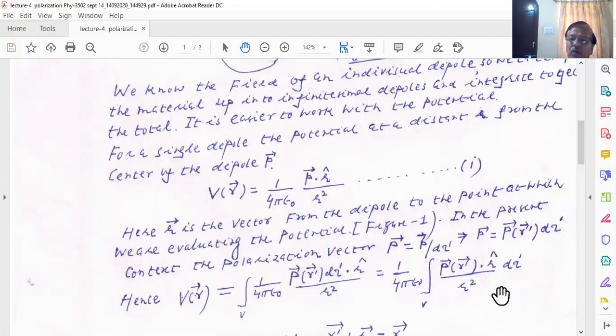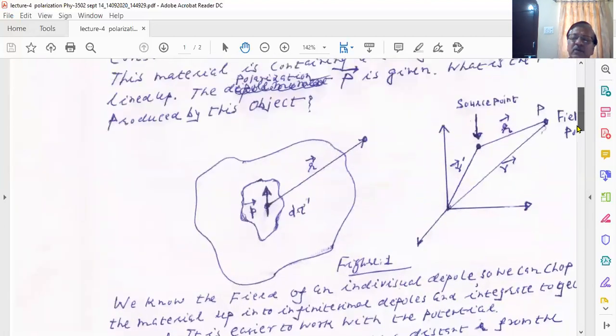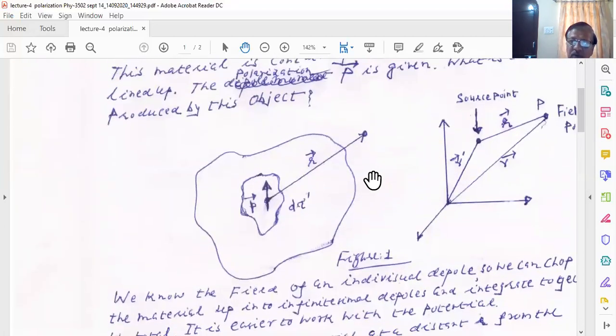Now, once again, I would like to mention what we have developed. We considered a small volume element, which is d tau prime. I took one dipole of that volume element and calculated its potential at a distance r.